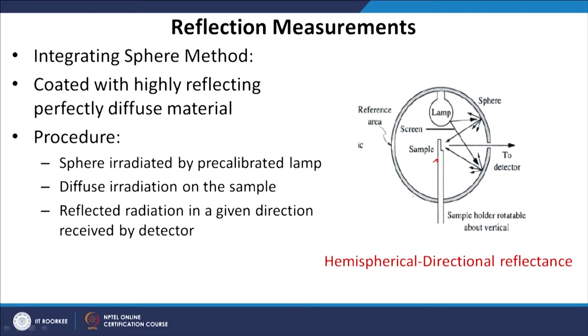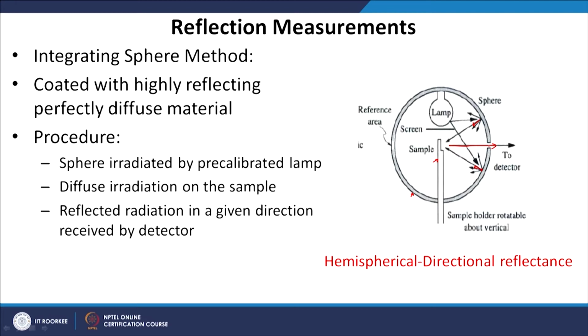There is a cavity, and this cavity has been coated with a highly reflecting, diffusely reflecting material. So, whatever radiation from this lamp falls on the cavity will be diffusely reflected and pointed towards the sample, and from the sample some part of this will be reflected in the direction going to the detector.